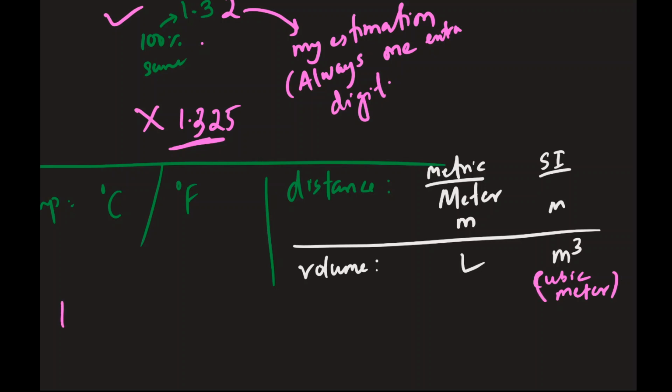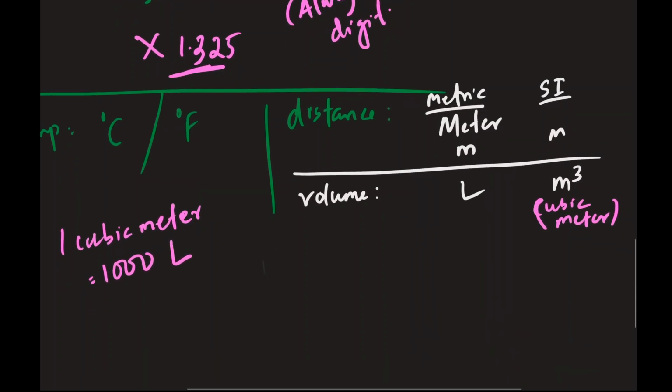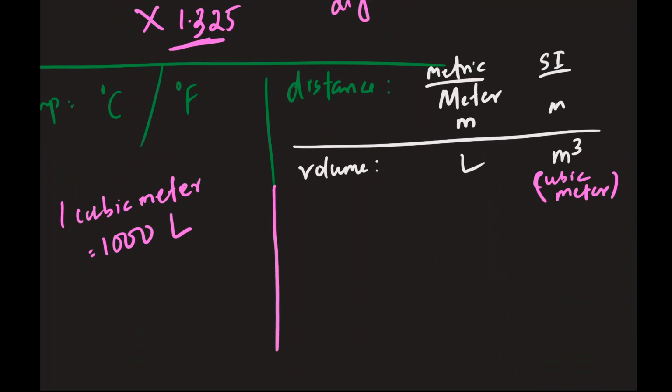By the way, 1 cubic meter is 1,000 liter. What is 1 cubic meter? If you have a box where every side is 1 meter, 1 meter length, 1 meter height, and 1 meter width, the volume of that box is 1 cubic meter, and it would contain 1,000 liter of anything: oil, gas, or other stuff.